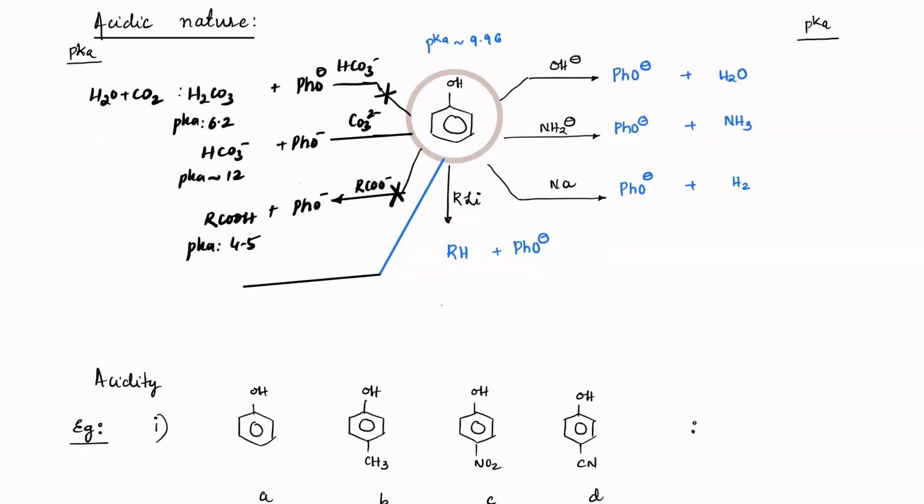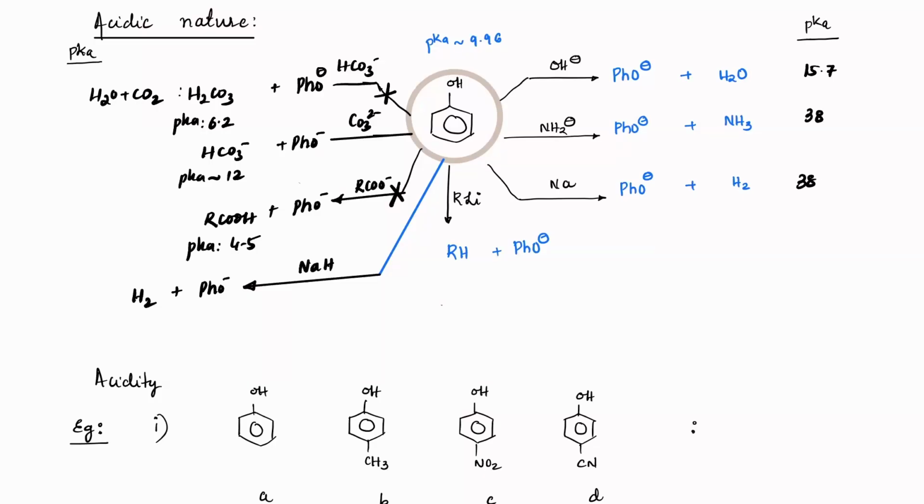And next, if you're reacting this with sodium hydride, then it will become phenoxide and H2 gas will be released. Here you can see the pK value is around 15.7, ammonia is 38, and for alkanes it is around 48 to 60.